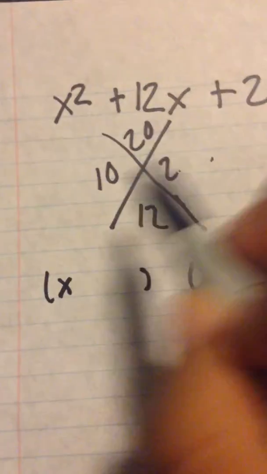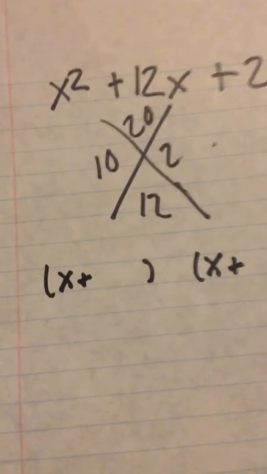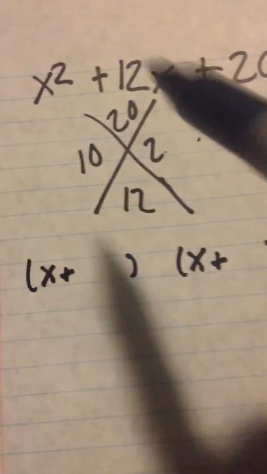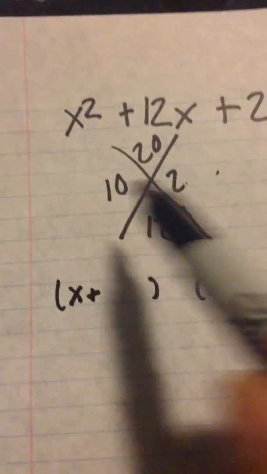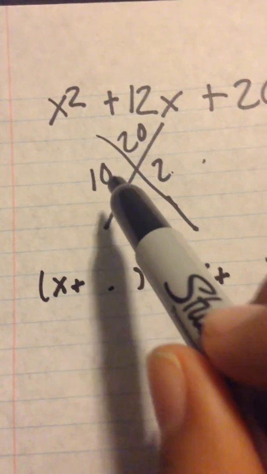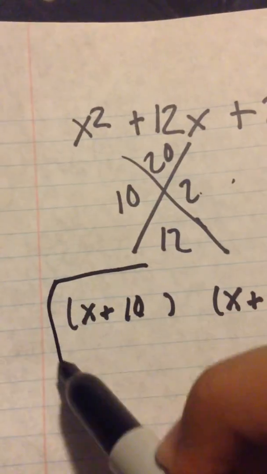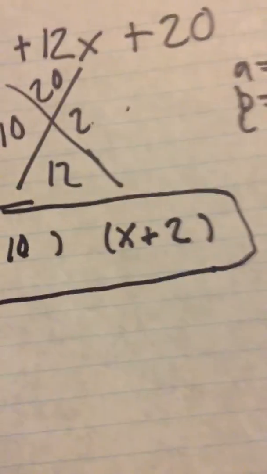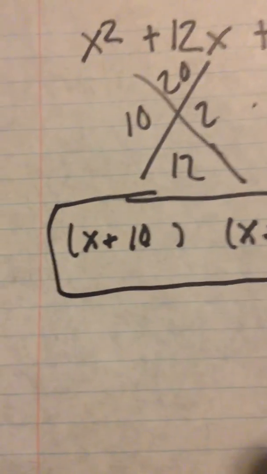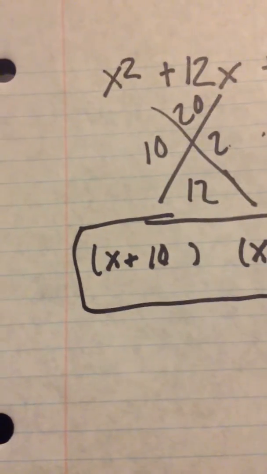Since these two numbers are positive, both of them will have a plus sign, and the numbers that go right here are always these two numbers, which are 10 and 2. So this would be the answer: the factors are x plus 10 and x plus 2 together.